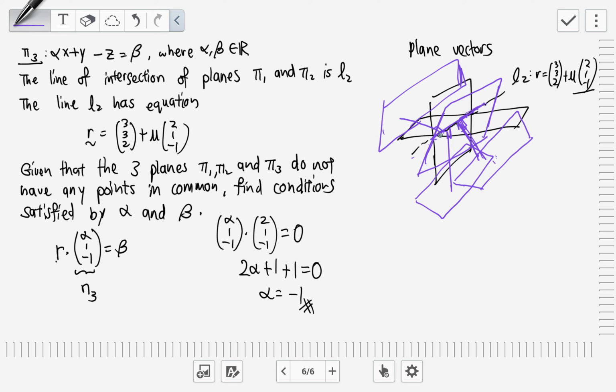The entire line will be the common points of intersection of the three planes. We cannot allow that to happen.